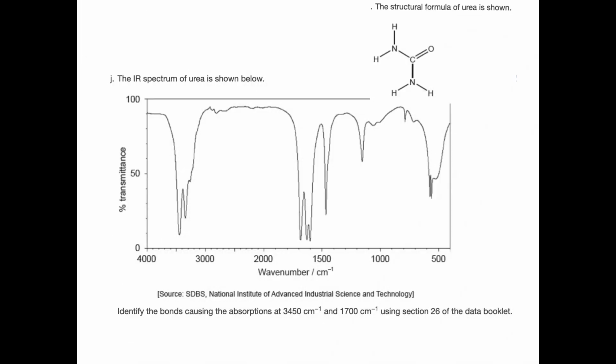Here in this question, you are provided with the readout of the infrared spectrum of urea, but you're asked to identify why do you have an absorption at 3450 and why do you have an absorption at 1700, these two wave numbers. Now, these absorptions are happening here, as you can see.